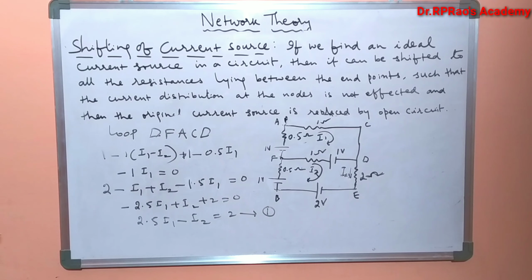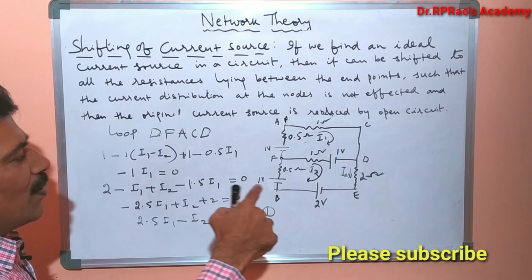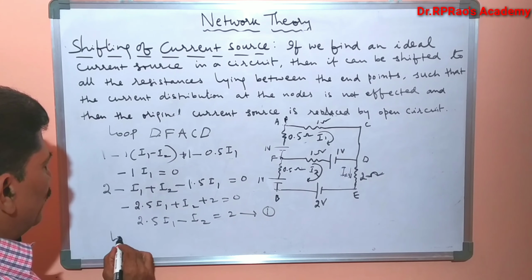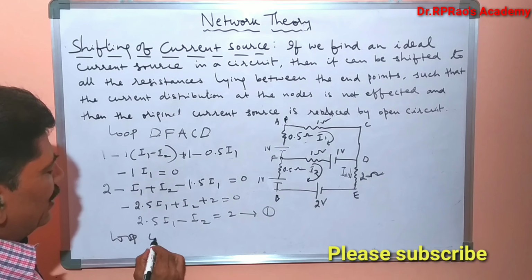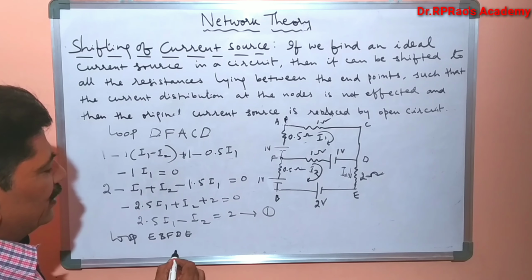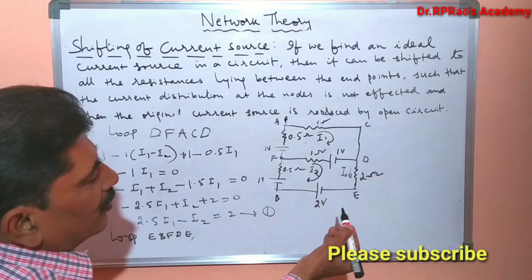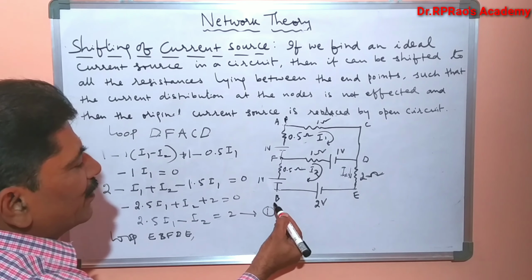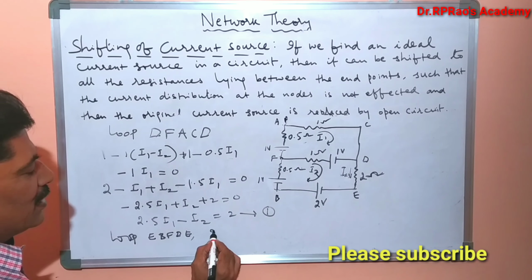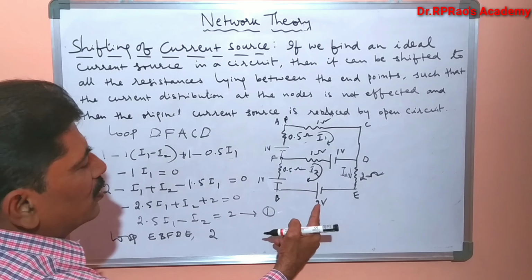Now, let us apply KVL to the second loop now. Second loop, let that loop be E, B, F, D, E. Okay. Now, in the branch EB, we are moving from E to B. So, there is rise in potential 2 volts.